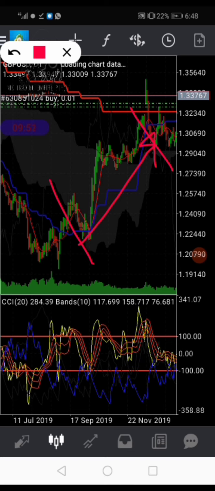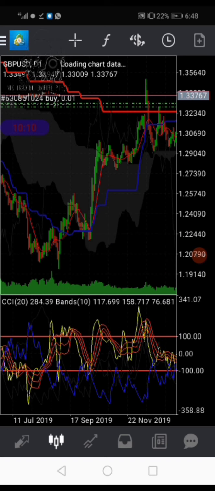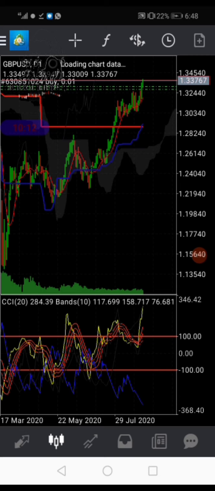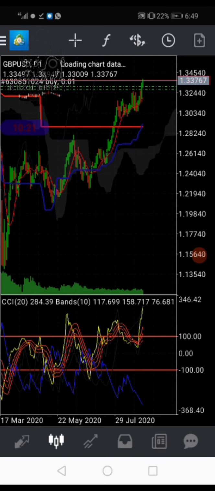According to me, I think we can sell for about a week or probably two weeks, if we're using the daily charts. So what I like about the daily charts, a lot of guys used to tell me you shouldn't trade daily charts on a small account, but that was a lie.